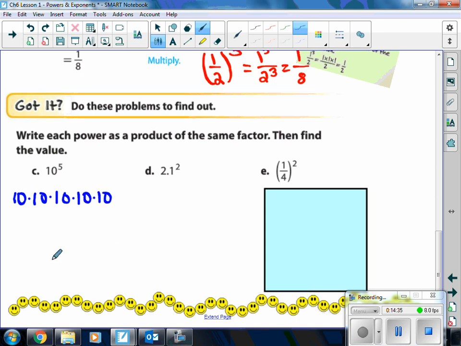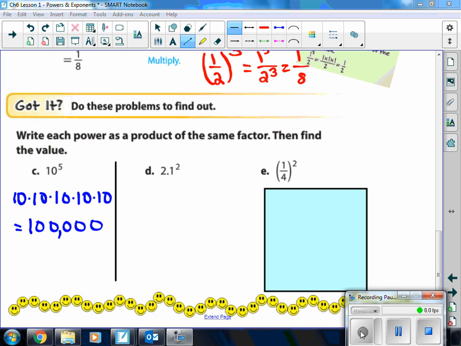Is everybody clear? Now, we want to find the value. So here, of course, if they're all 10s, can I just multiply 1 times 1 times 1 times 1 times 1? And that gives me 1. And how many zeros am I going to add on there? 5. So this is going to be 1, 2, 3, 4, 5, 100,000.